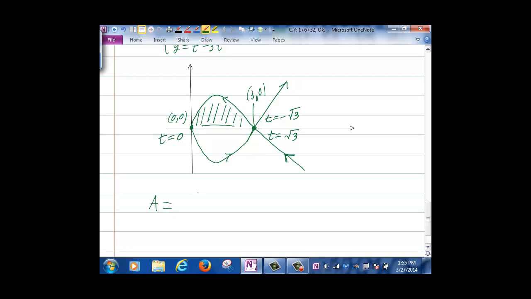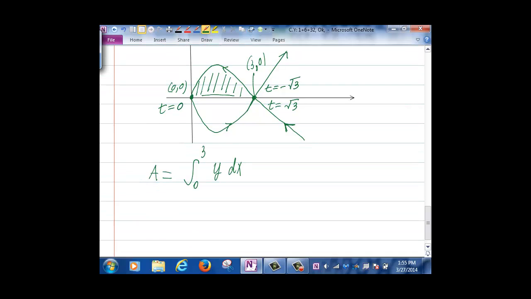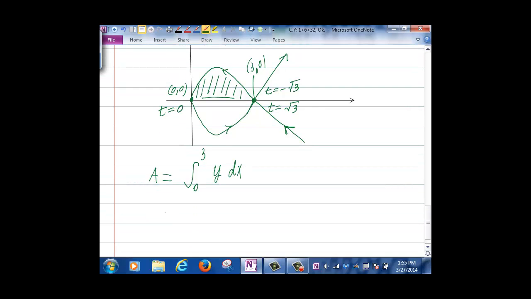Well, notice that x is going to vary from 0 up to 3, and then I have to integrate y dx. However, I have to express it in terms of t. At what time do I obtain the lower limit 0? When is x 0?